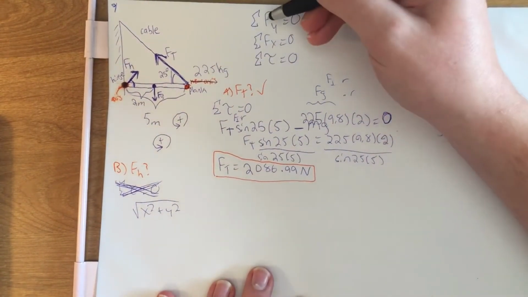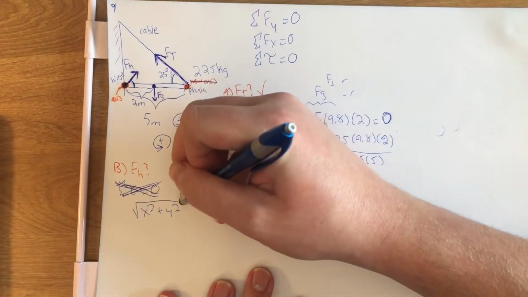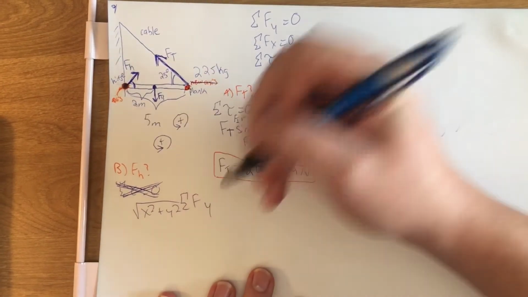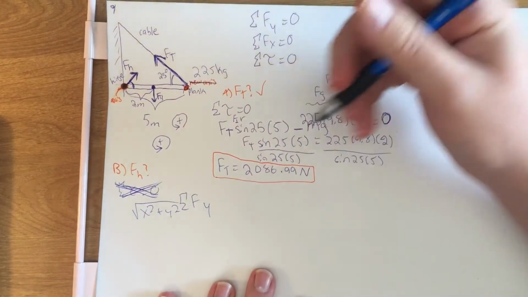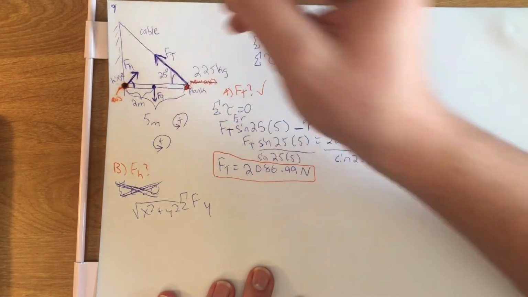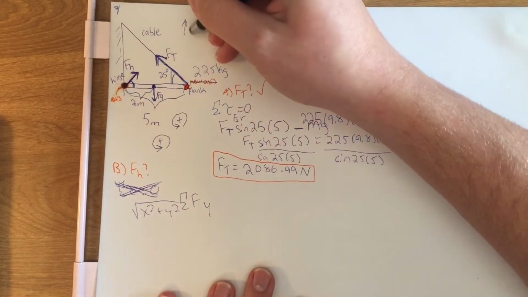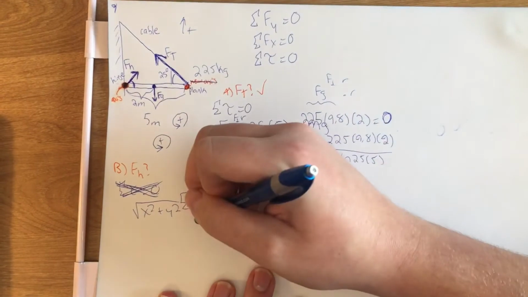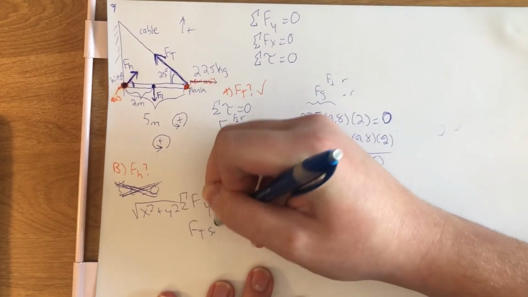So let's look at the sum of our forces in the y direction. Everything going up, I'll just call up positive. We have force tension sine 25, right?